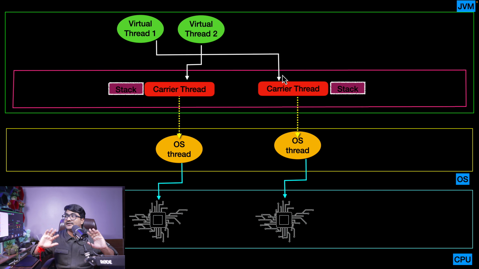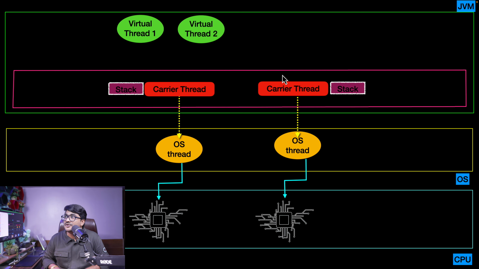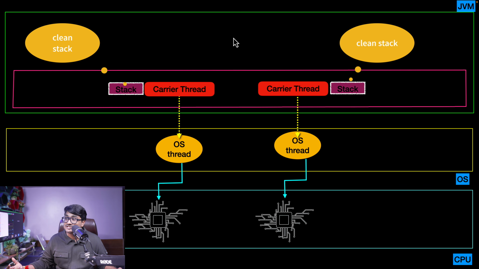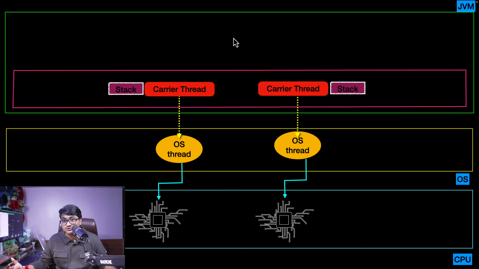If they want to run, they will keep on running. But once the execution is completed, they will be unmounted, and they will be gone from the heap memory because the garbage collector will eat them up. This is the beauty of the virtual thread.